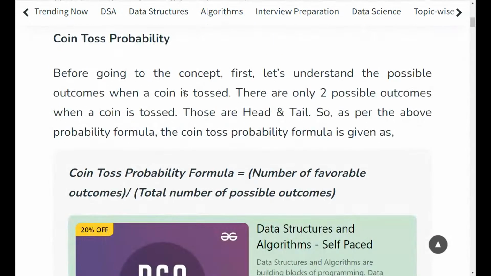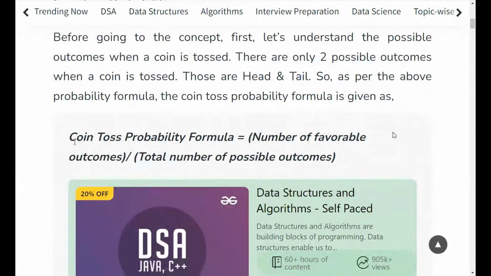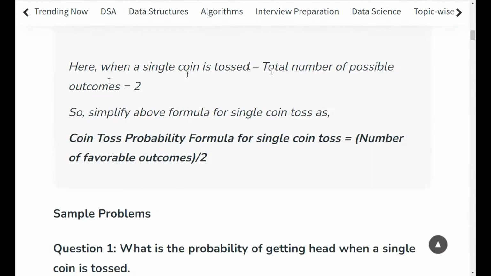Coin toss probability. There are only 2 possible outcomes when a coin is tossed, head and tail. So as per the above formula, the coin toss probability is the number of favorable outcomes divided by the total number of possible outcomes, which is 2.